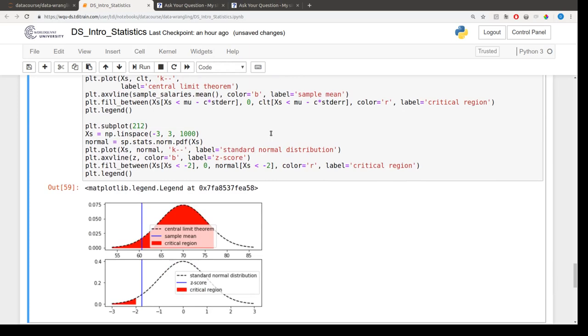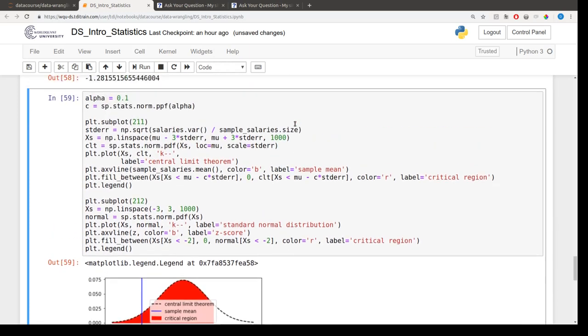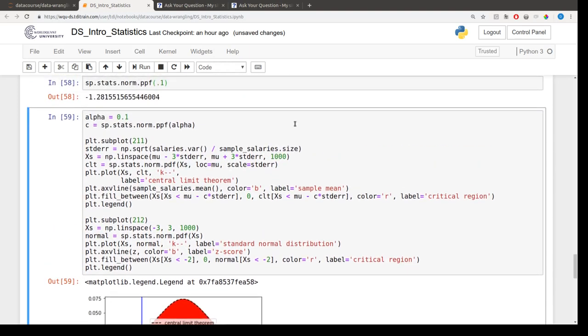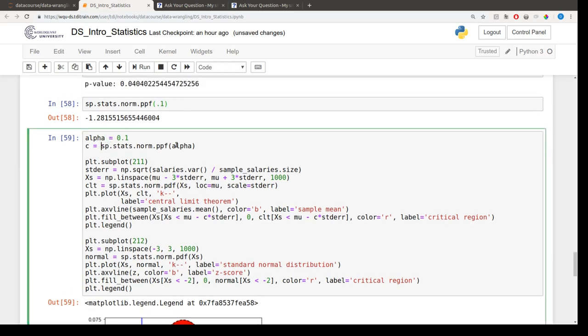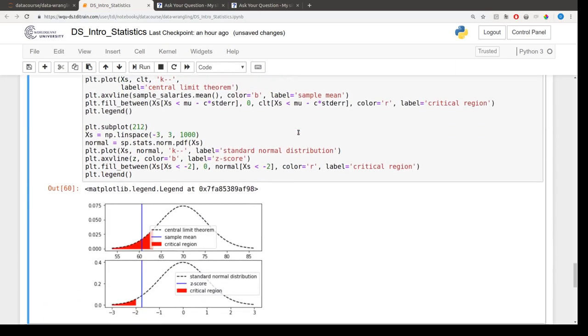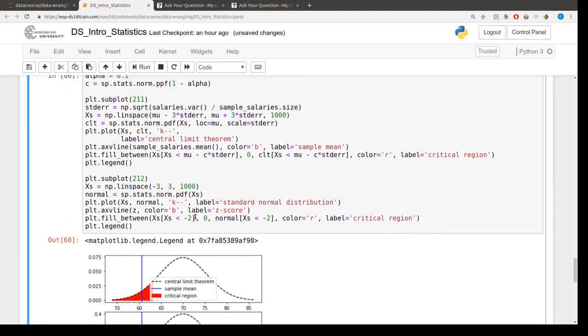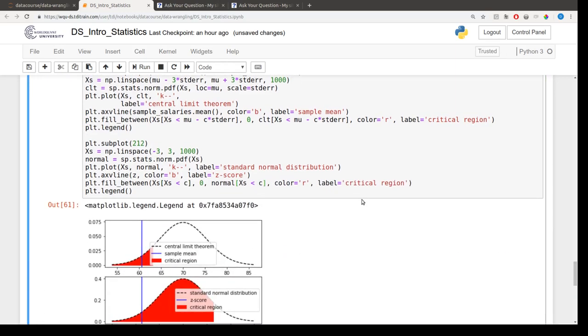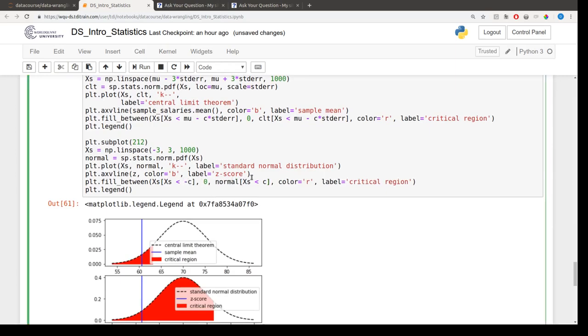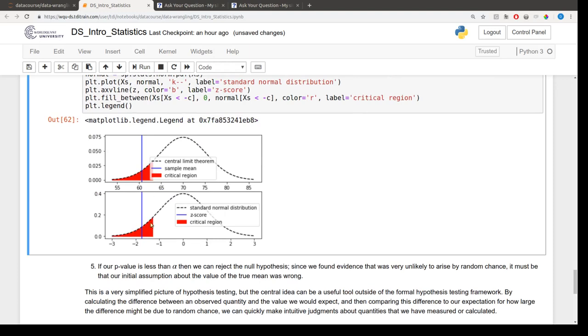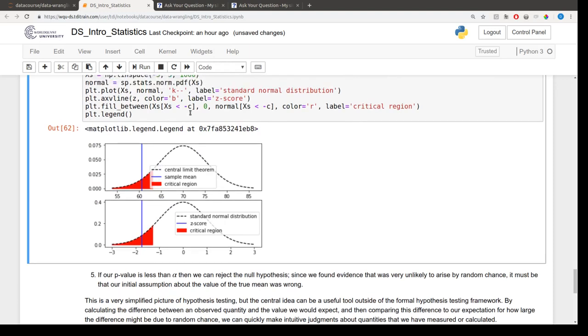There, oh, that's not quite right. There we go. And I need to update it in this lower plot as well. So here we have C, negative C. There we go. Okay, so now these plots are updated to be consistent with a 10% threshold.